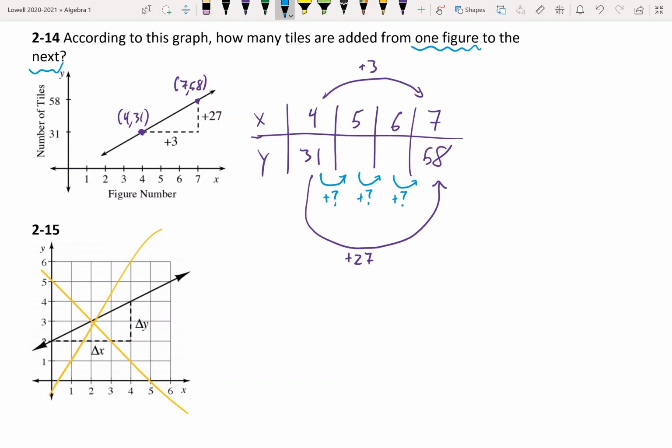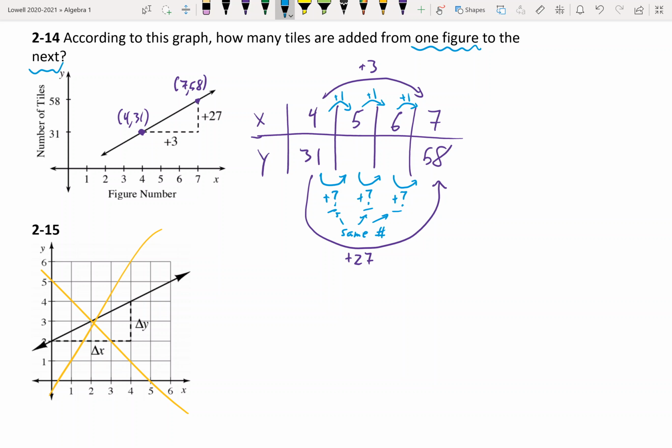And each of those, the figure number is going up just by 1, and then by 1. Remember, all of these question marks are again the same number, same value. Because again, you're adding the same number of tiles every single time if it is a linear pattern.